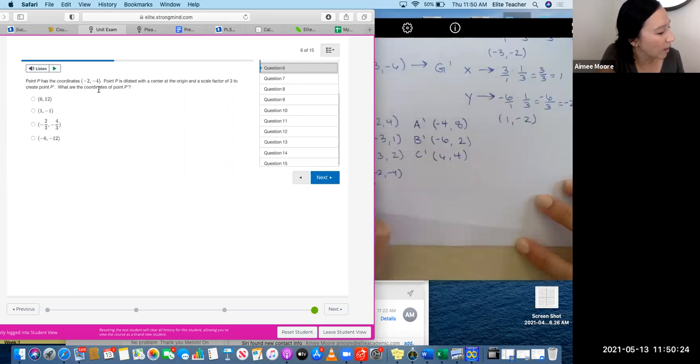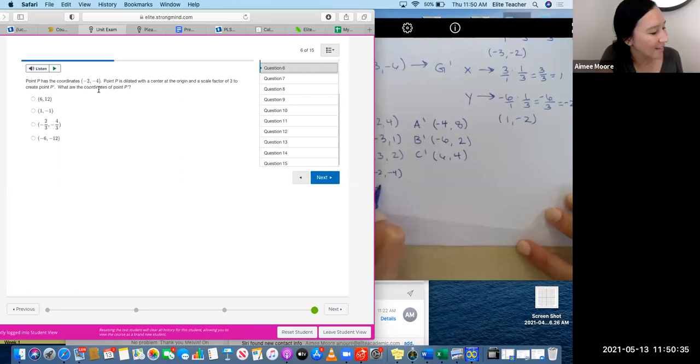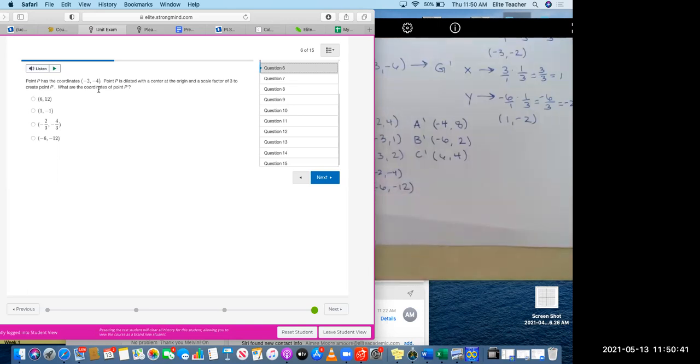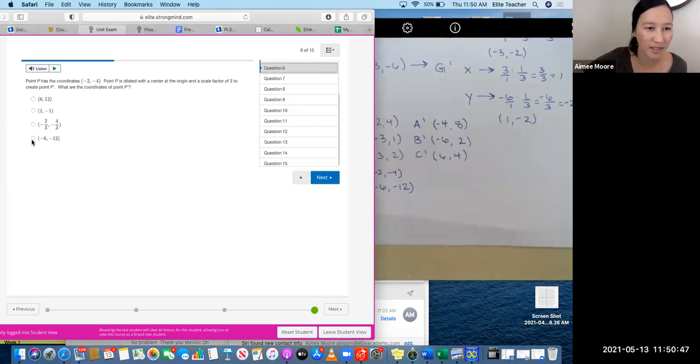And so P prime will be negative 2 times 3, which is negative 6. And negative 4 times 3, which is negative 12. Very good. You guys have got these dilations down.